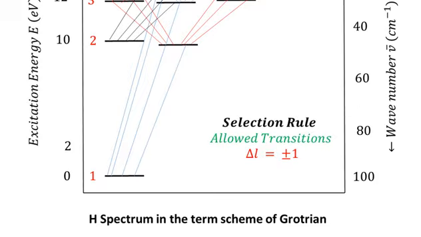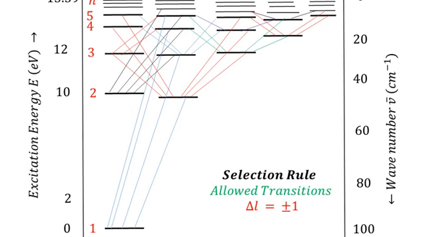If you provide energy to the hydrogen atom, you can raise it from this state to other states. If the principal quantum number is 1, then you can excite it to other levels with different principal quantum numbers.